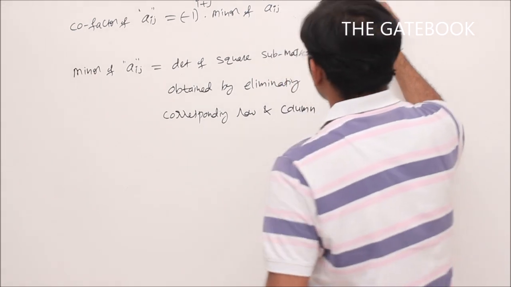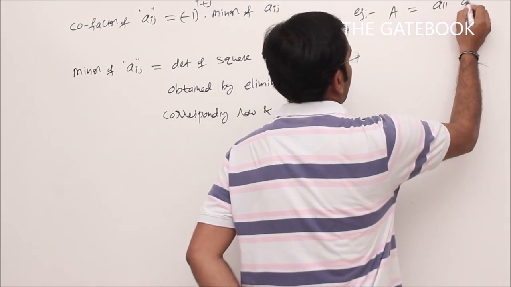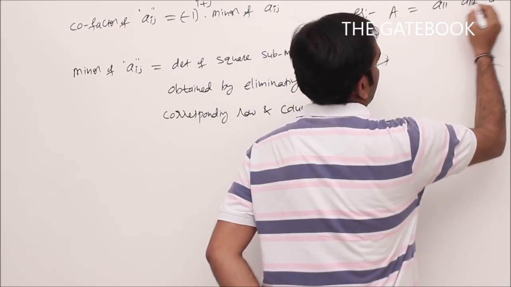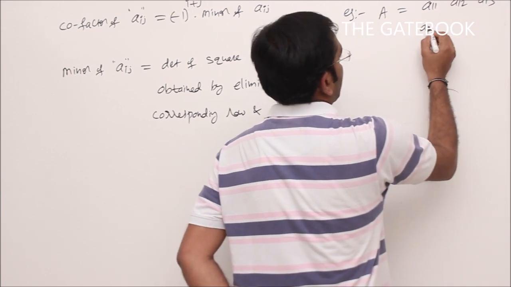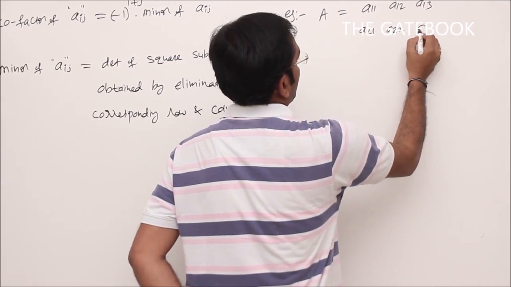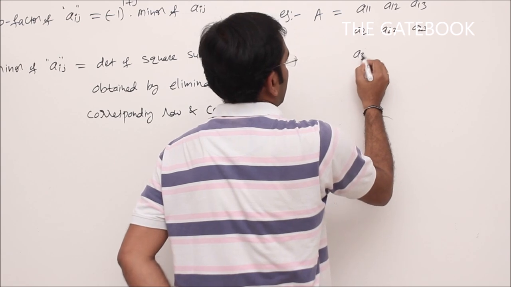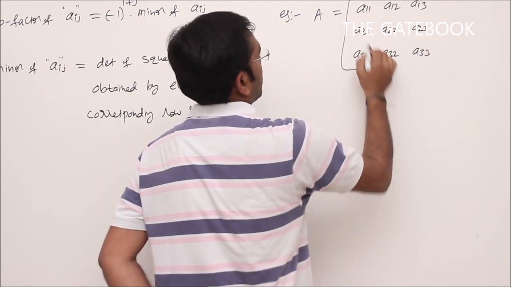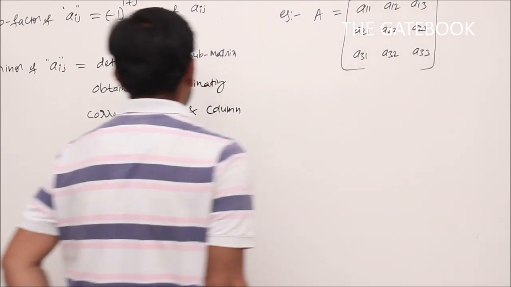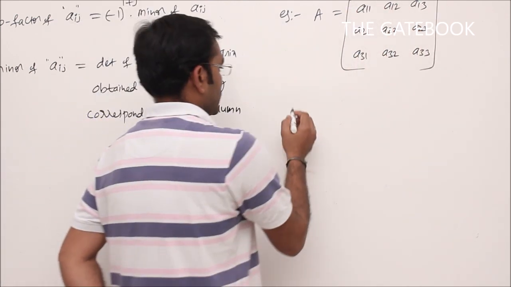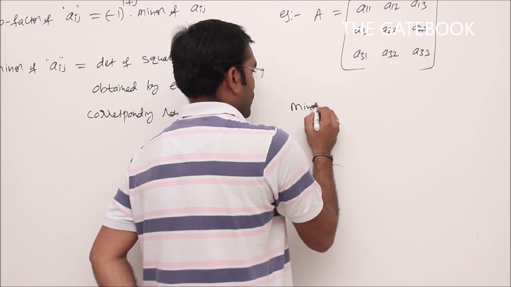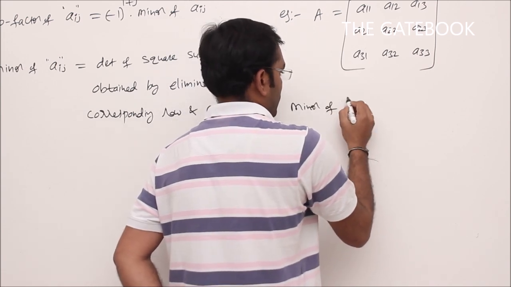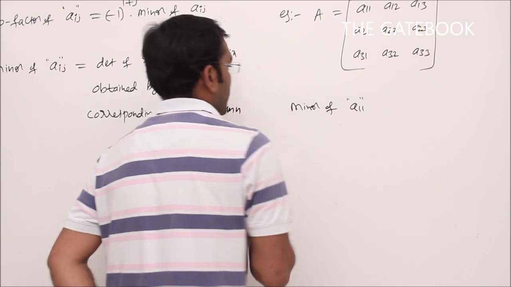Now let us consider an example. A is equal to A11, A12, A13, A21, A22, A23, A31, A32, A33. Let us consider the minor of A11.